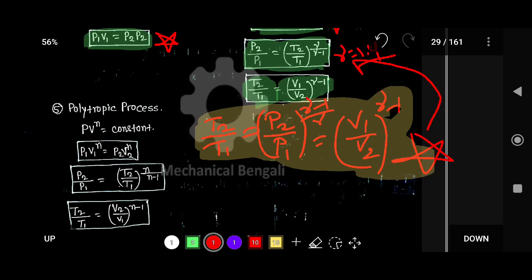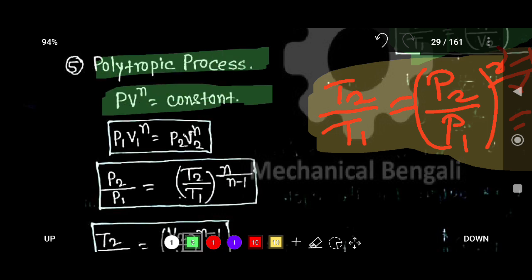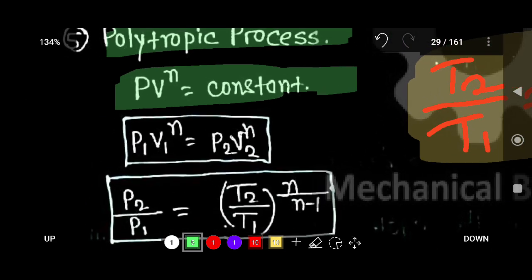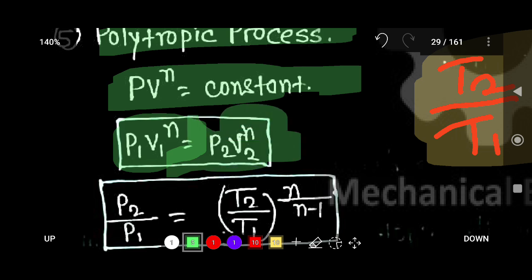For the polytropic process, PV to the power n is equal to constant. From here you can say P1 V1 to the power n equal to P2 V2 to the power n.